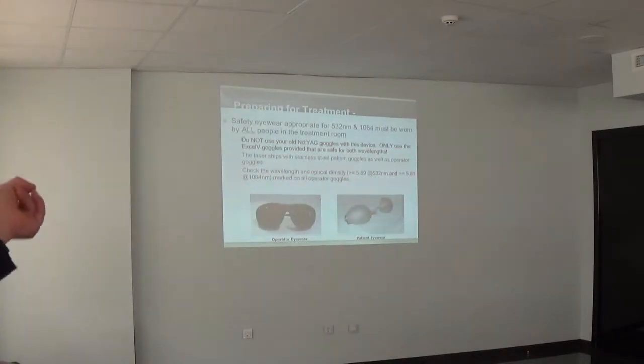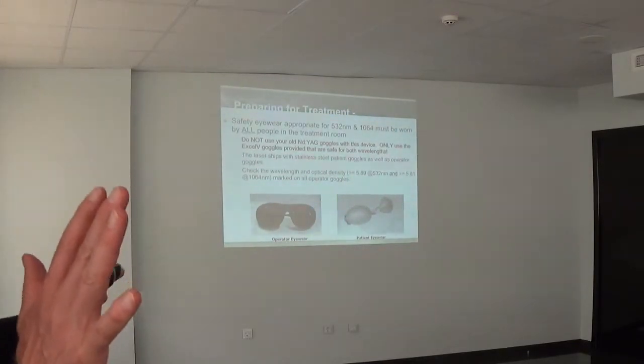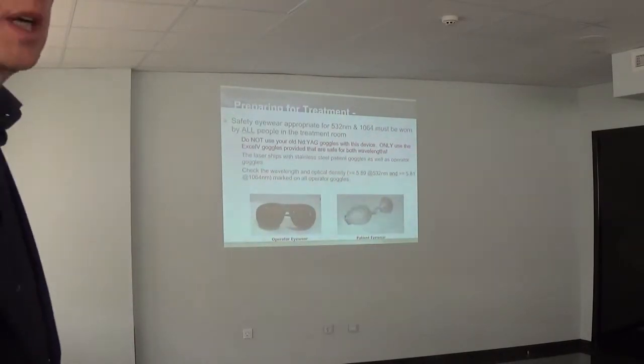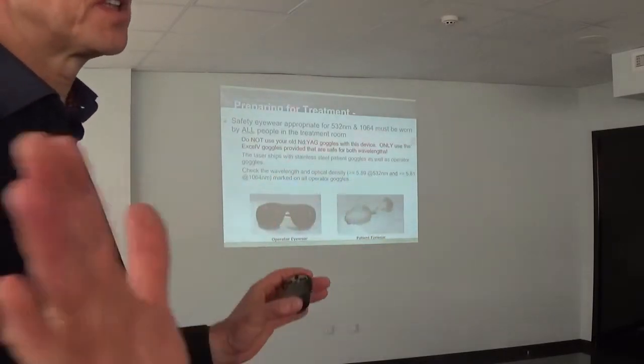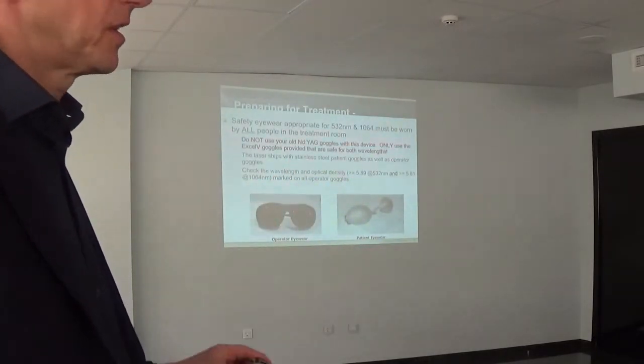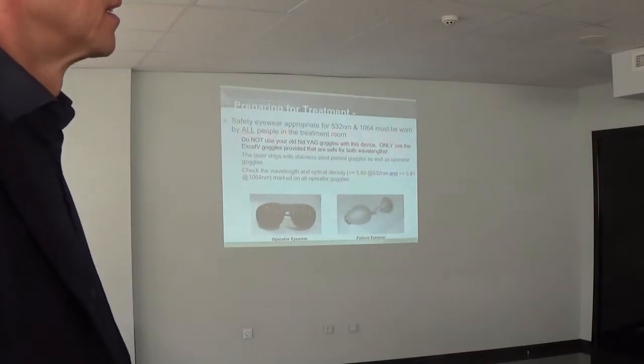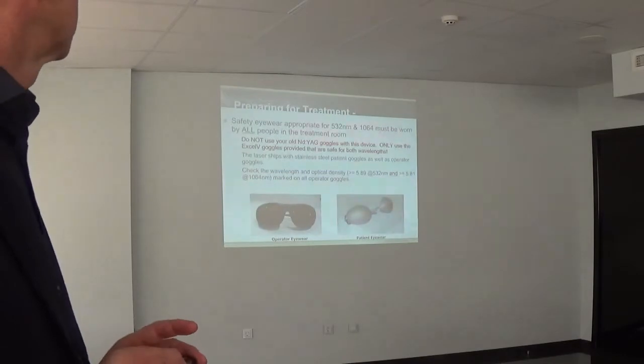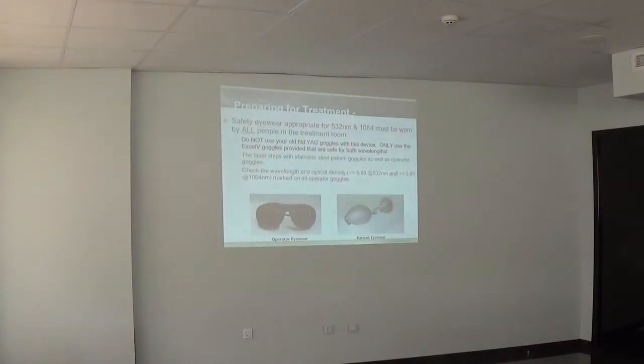We can supply them with the Excel V, but it's dangerous, because if you switch from 1064 to 532 and you forget that you have the wrong safety eyewear, then you are really in trouble, because the light from the KTP 532 is so bright that you are blinded for several minutes and you're not able to continue your work. So it's very important to have the right adapted safety eyewear.